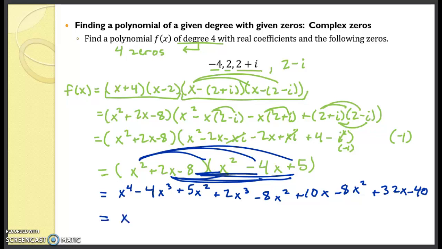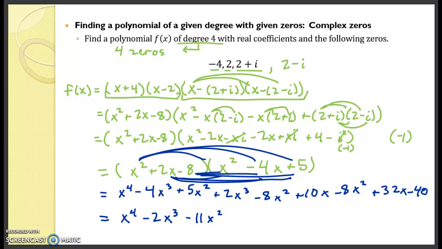So we get x to the 4th. There's nothing else there. Negative 4x cubed plus 2x cubed is minus 2x cubed. And then 5x squared minus 8x squared minus 8x squared, so negative 16x squared plus 5 is negative 11x squared.